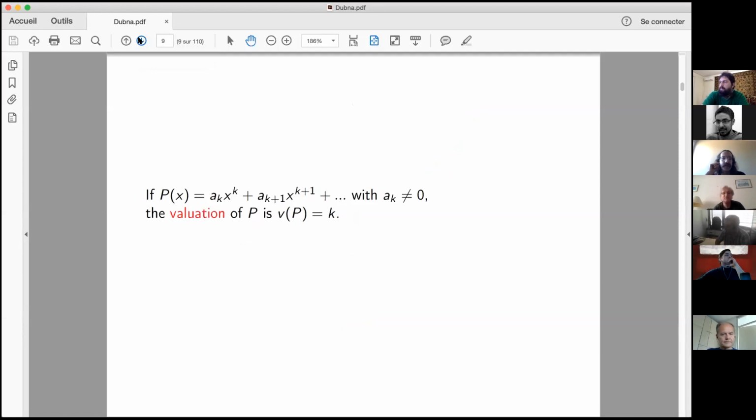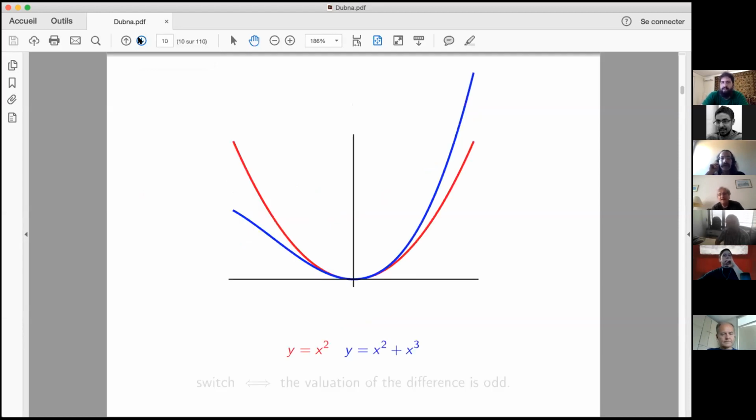And of course, you understand that if you have 2 polynomials, and you want to know whether or not the graphs switch at the origin, then the answer is very easy. You have to check whether or not the valuation of the difference of the 2 polynomials is even or odd. You see here the blue polynomial and the red polynomial.